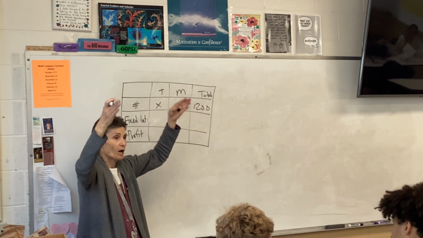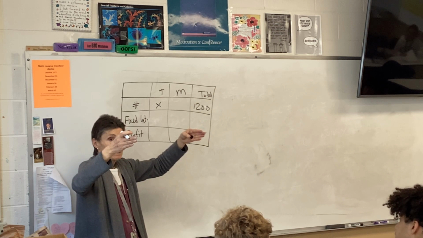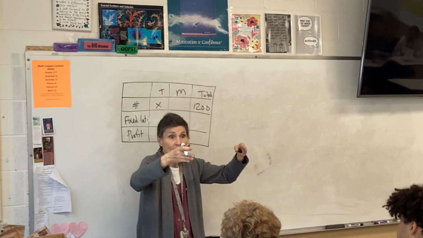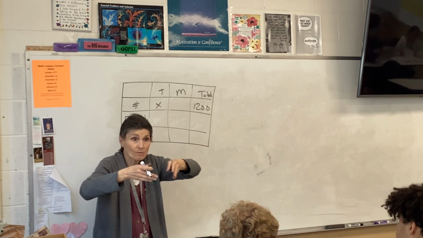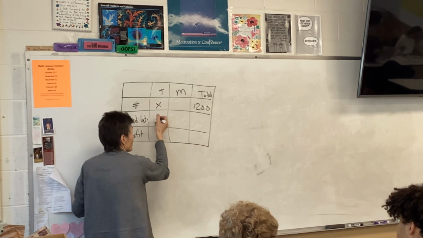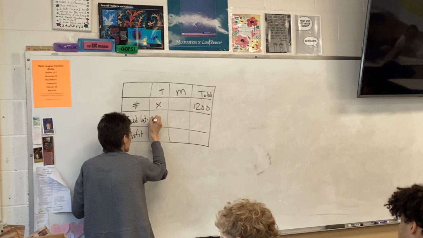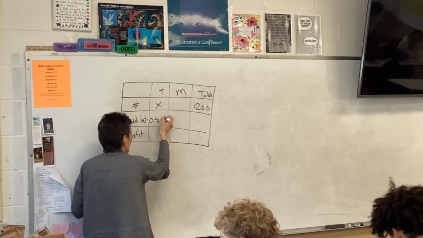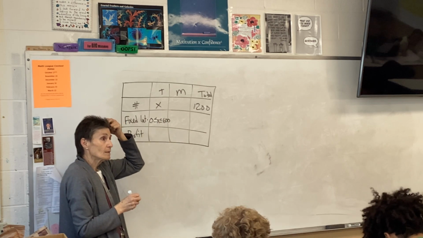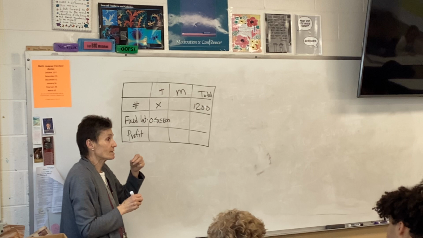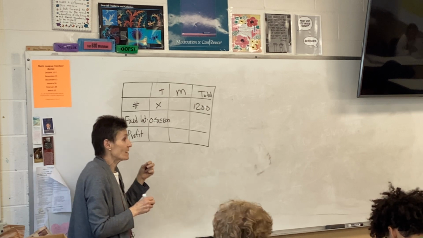The range of X. It can't be above 600. It has to be less than or equal to 600, but bigger than or equal to 0. So that's my fixed interval. X has to be between 0 and 600. That's my fixed interval.